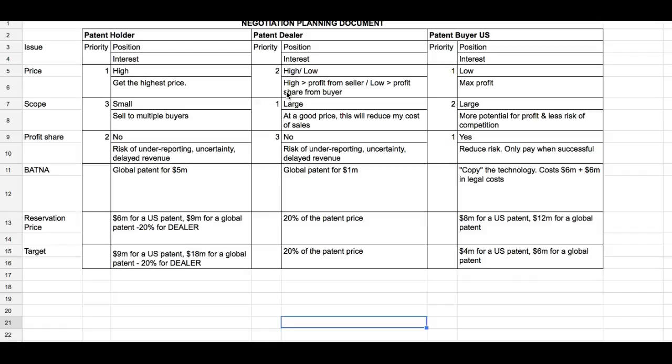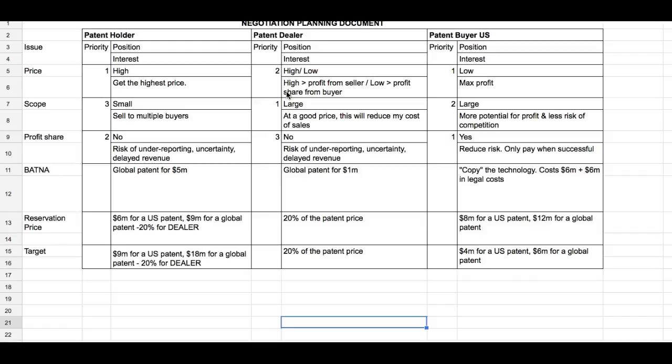Profit share. So there's two possible ways that you can broker this deal. One is, okay, I'm going to sell you this patent for $1 million, right? That's it. I receive $1 million, deal closed, we go our separate ways. The patent holder can use the patent and make 1 million in profit, 10 million in profit, 20 million in profit, we don't know.